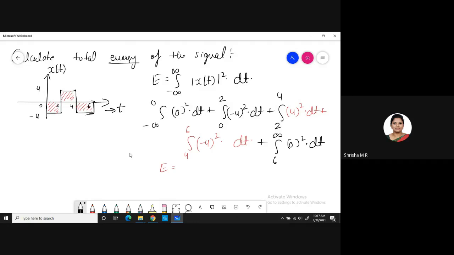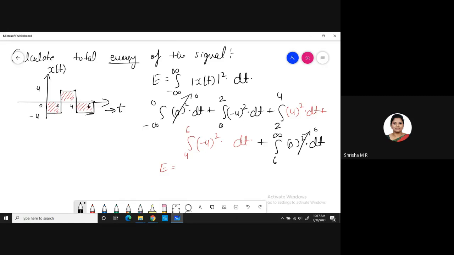So what is the energy? This term will be 0 and this term will be 0. 96 you will get, right? Check how you got 92.